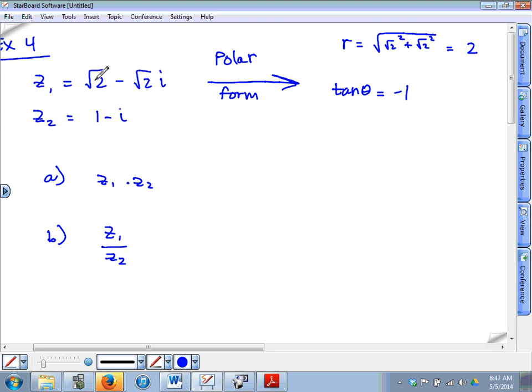We are in the fourth quadrant, aren't we? Go over 2, down 2. So theta equals negative 45 degrees. So in polar form, this is going to be 2 CIS negative 45.